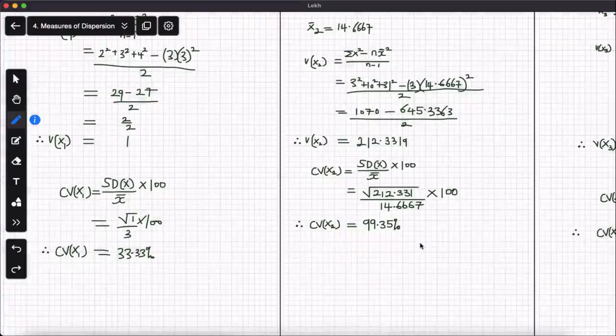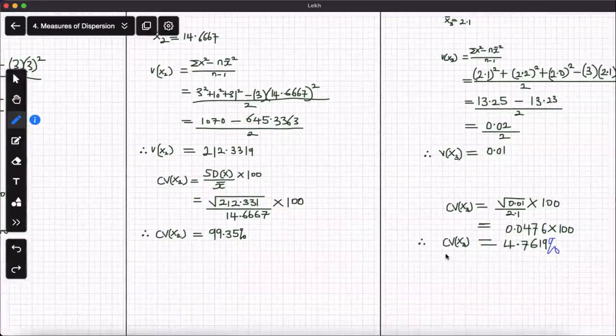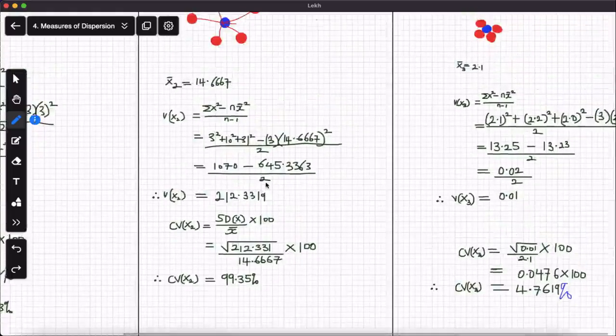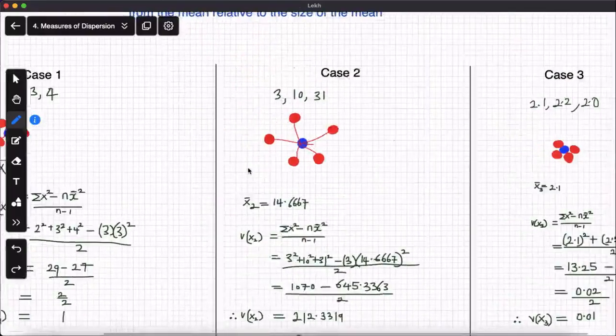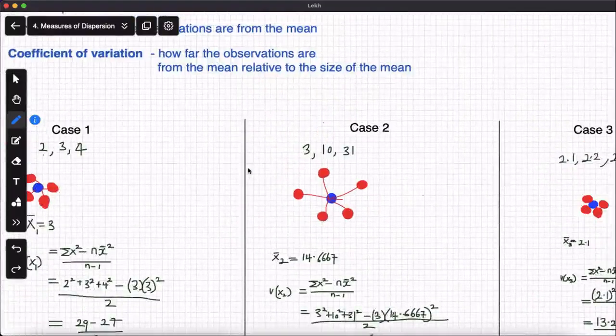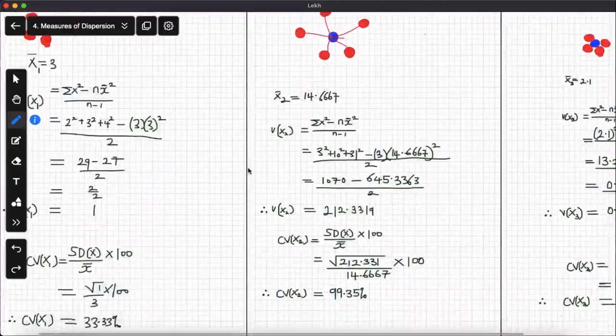The observations from case 1 are closer to the mean than those from case 2, whereas the observations in case 3 are closer to the mean than in the other two cases are to their respective means. So it's very useful to know your variance and the coefficient of variation.